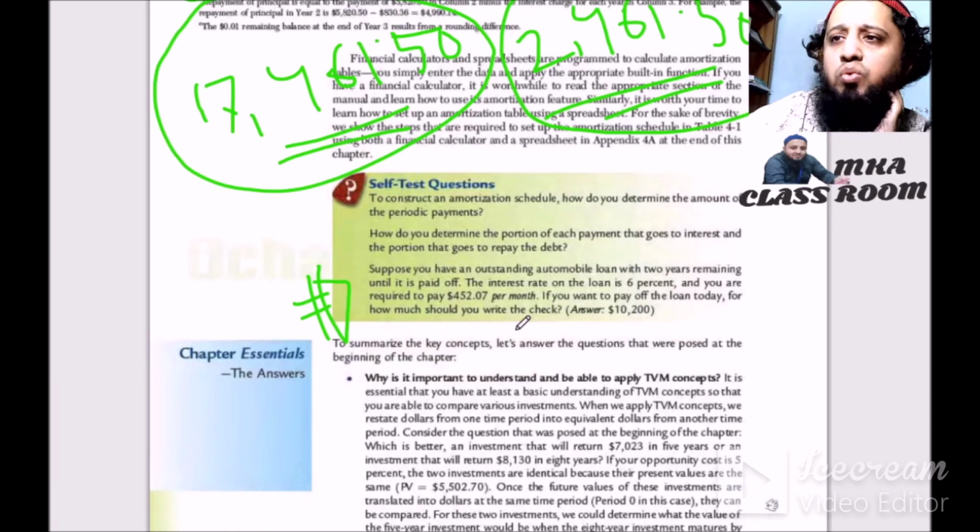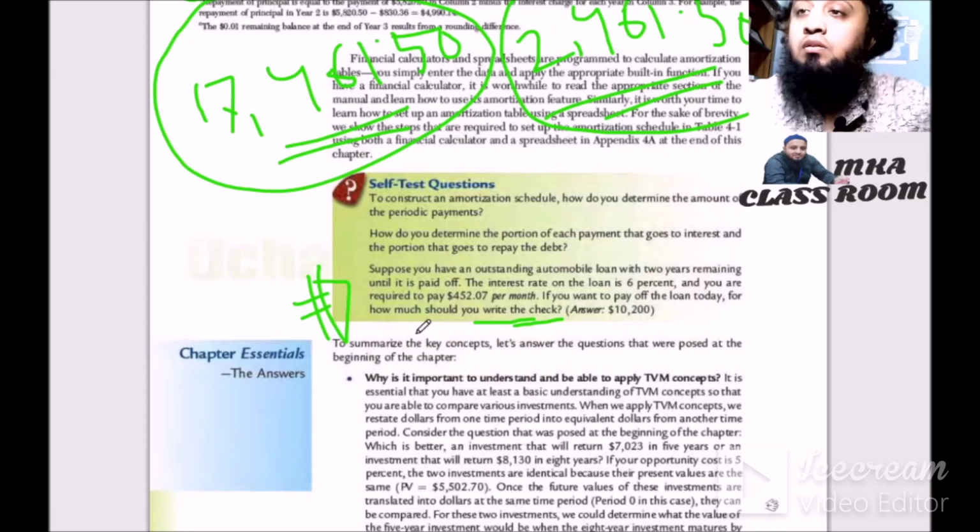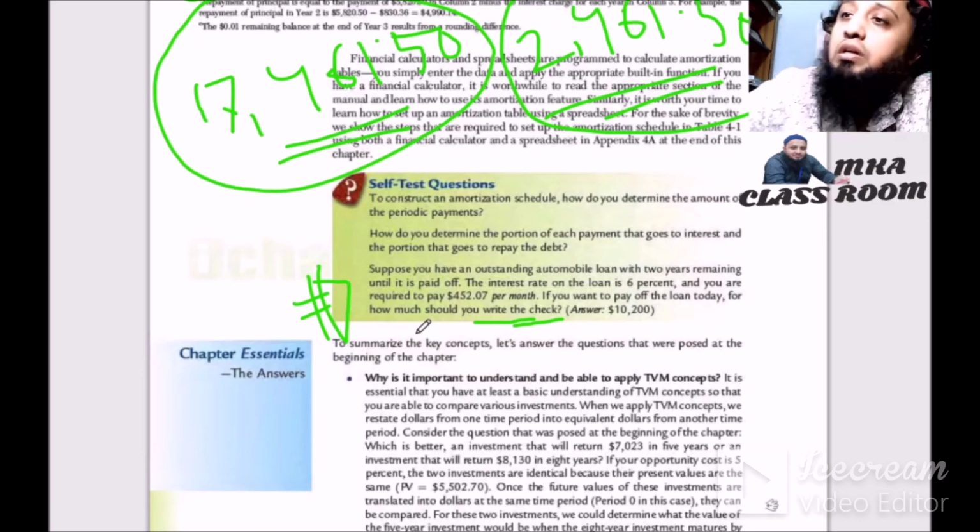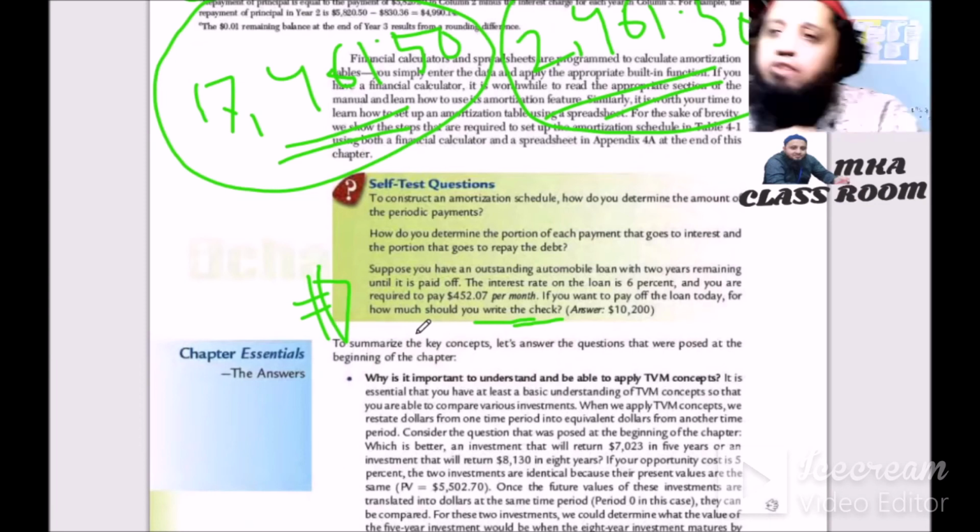That means you have an automobile loan with 452.07 payments per month and 2 years remaining, but now you want to pay it off in a single payment.